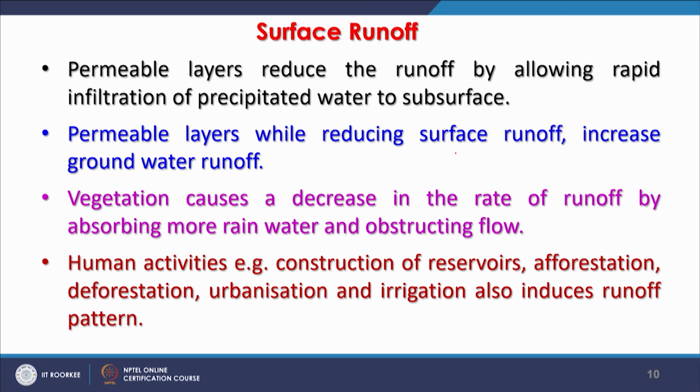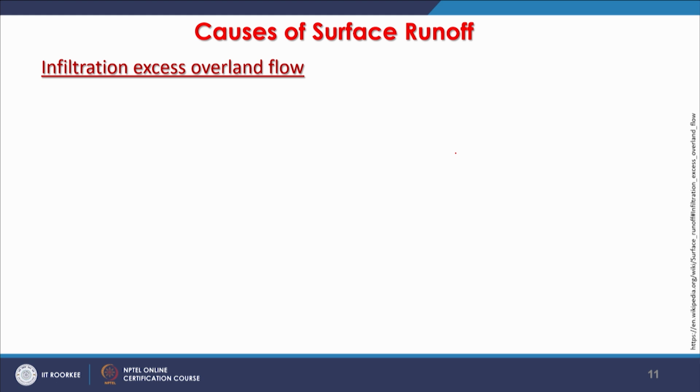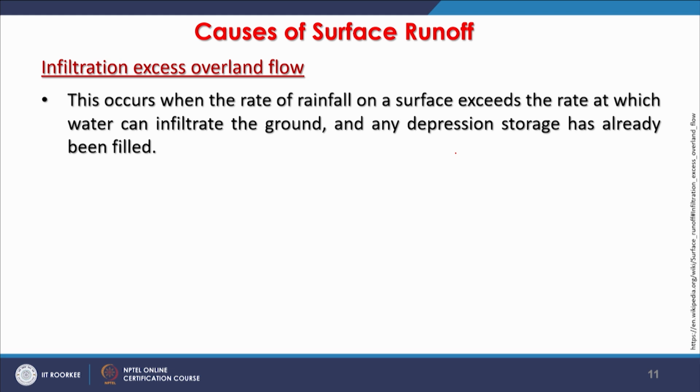Human activities such as construction of reservoirs, afforestation, deforestation, urbanization and irrigation also influence the runoff pattern, depending on what kind of structures we have. Now, there are two more points in this discussion: one is infiltration excess overland flow, and another one where it is not like this. We will discuss them one by one. This occurs when the rate of rainfall on a surface exceeds the rate at which water can infiltrate the ground, and any depression storage has already been filled.